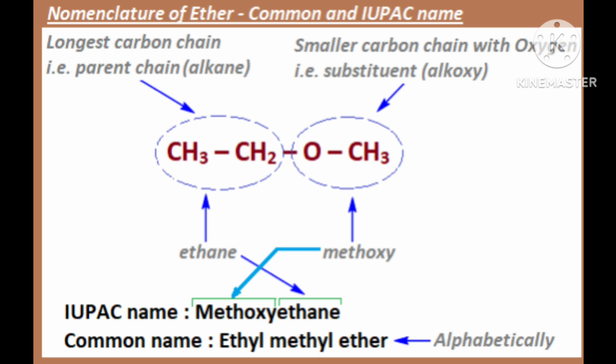For naming polyhydric alcohols, the e of the alkane is retained and the ending ol is added. The number of OH groups is indicated by adding multiplicative prefixes like di, tri, etc., added before ol.